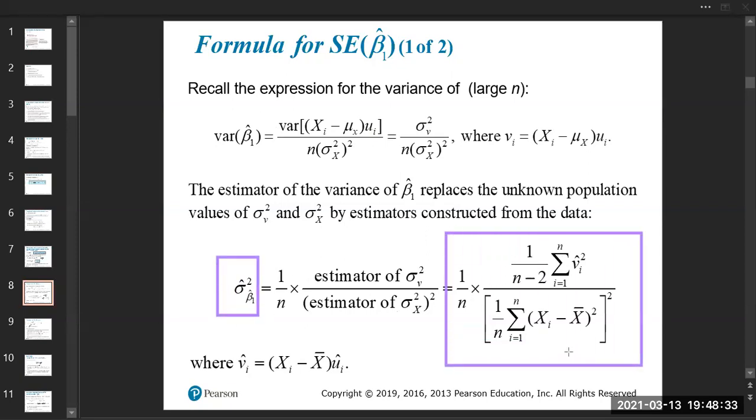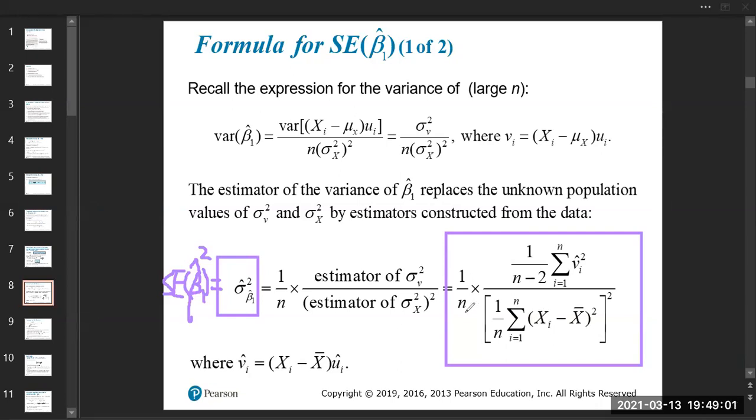Sigma hat of beta 1 hat squared is the standard error of beta 1 hat squared. So the standard error squared equals this thing.